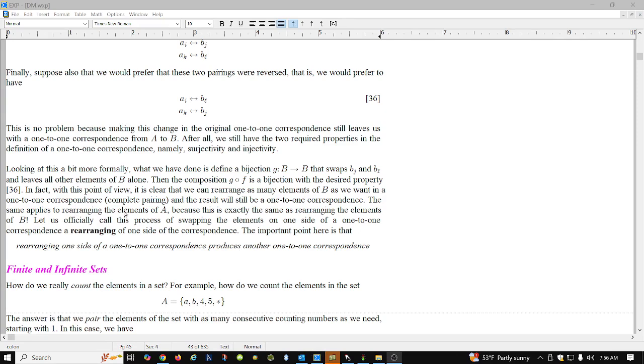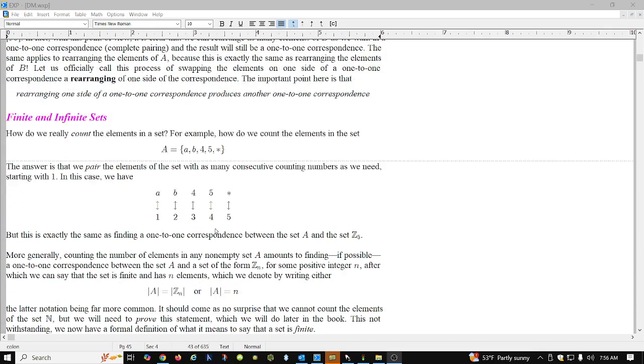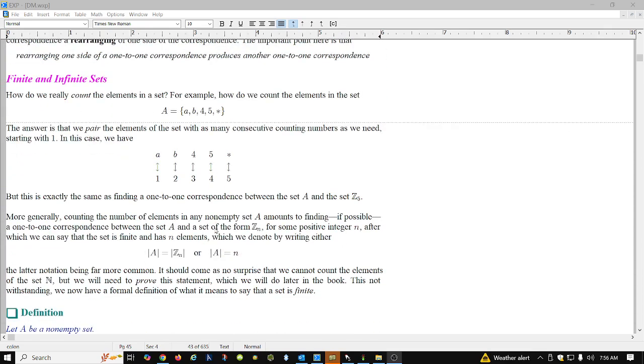Now we're in a position to define the term finite and infinite as it applies to sets. But let's start by asking a question. How do we really count the elements in a set? Well, the answer is quite simple. Here is a set.